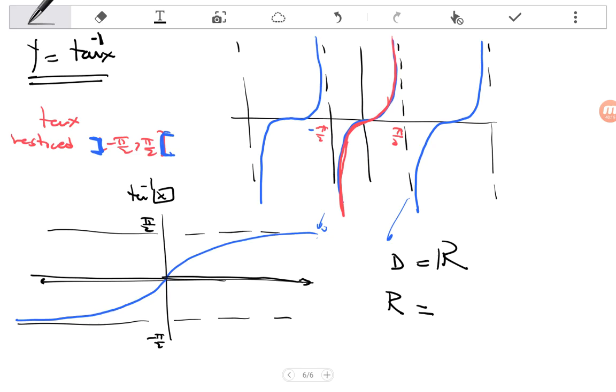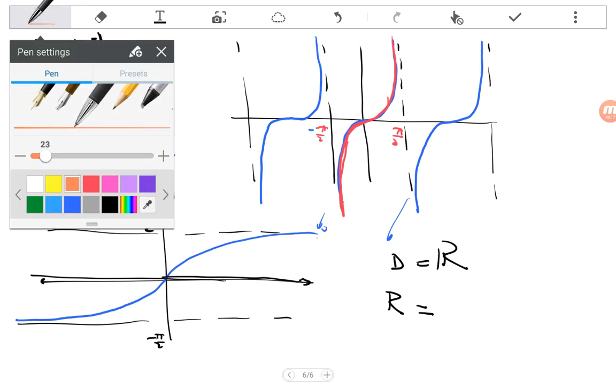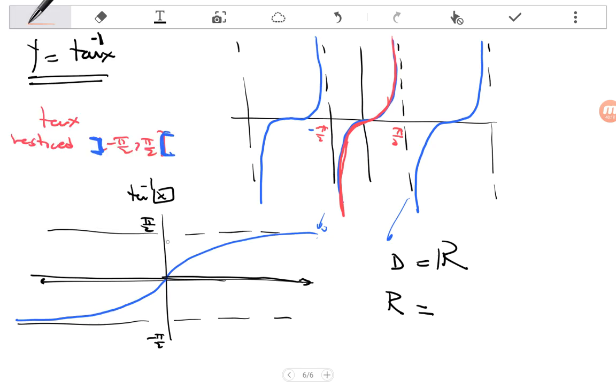What are all the values of the outputs? The outputs of the tan inverse are included in some interval. What is that interval? It was just the restricted domain of the restricted tan. It will be from negative pi over 2 to pi over 2, open. That is the range of tan inverse.